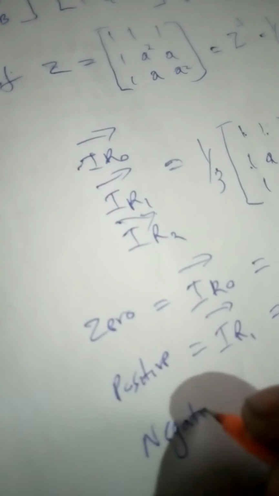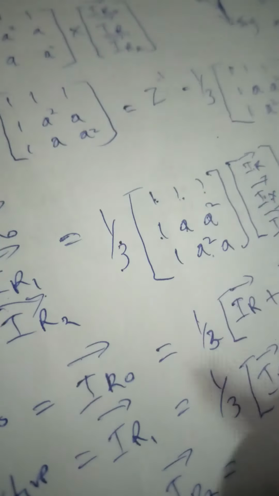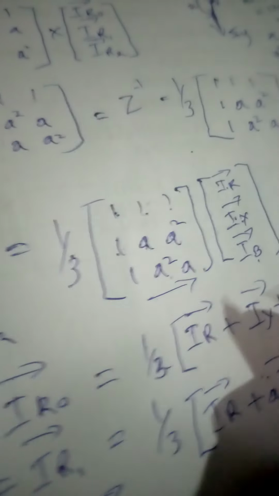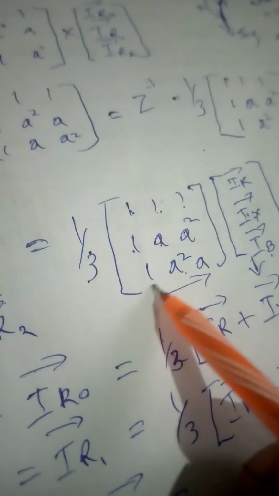Then lastly we have a negative sequence, and negative sequence is given by IR2. That's a third multiplied by this. You row multiply column. Remember, row multiply column, and we are here.